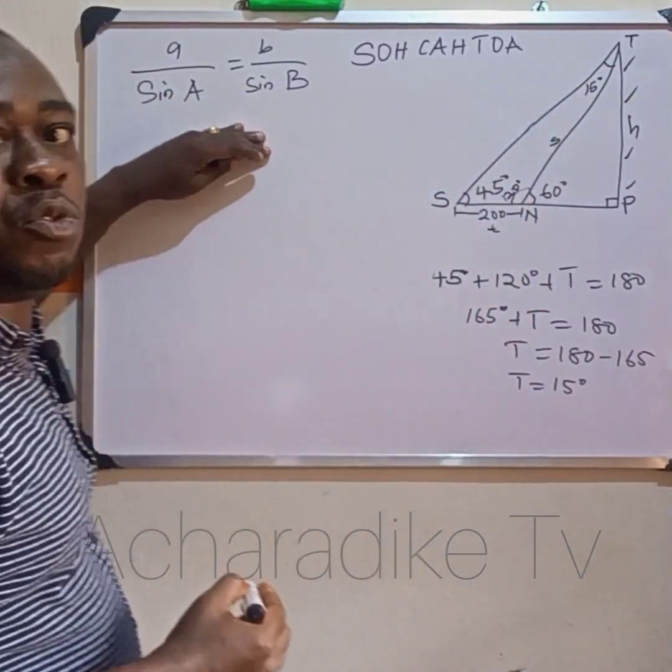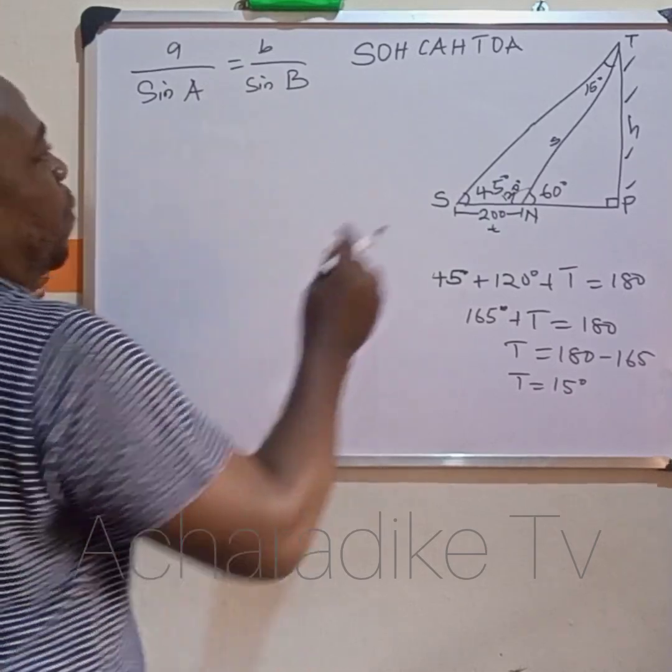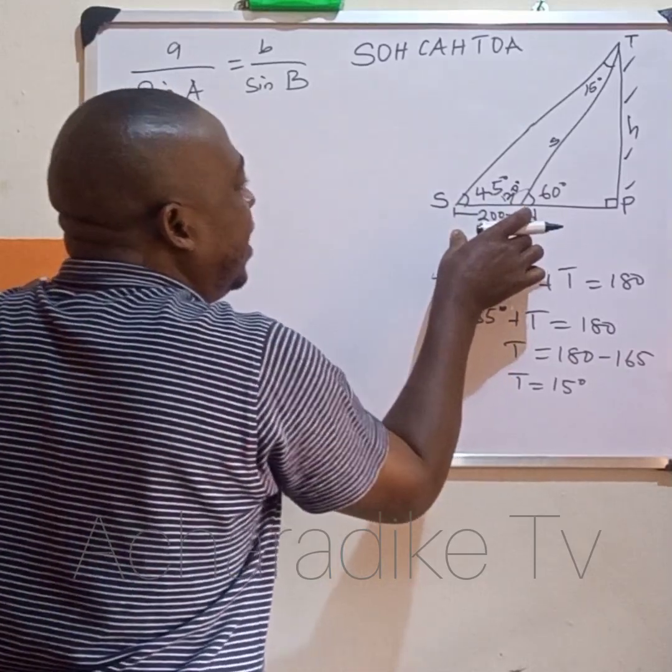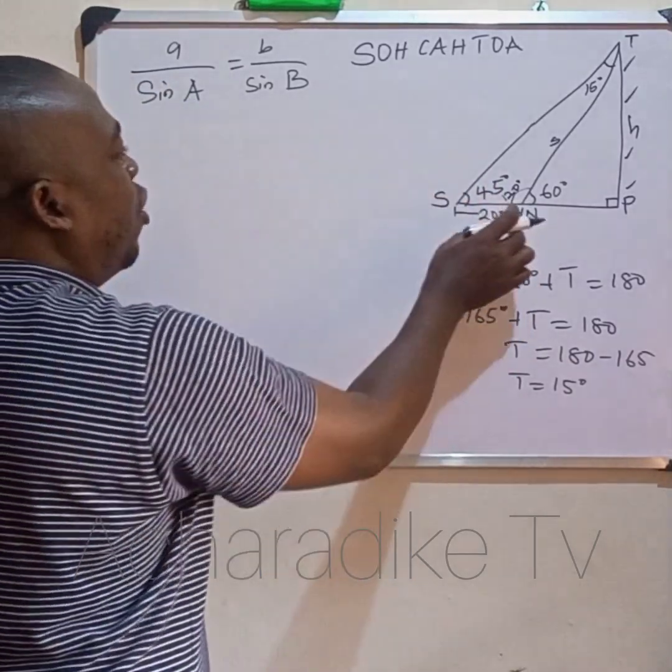We can now come to our sine rule. Instead of using A and B, we will now use the letters on our own drawing.